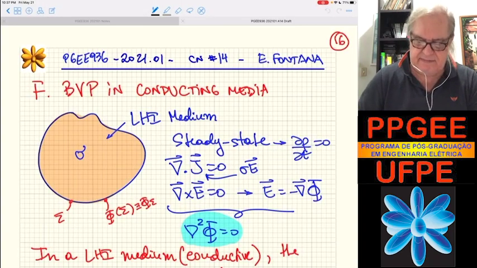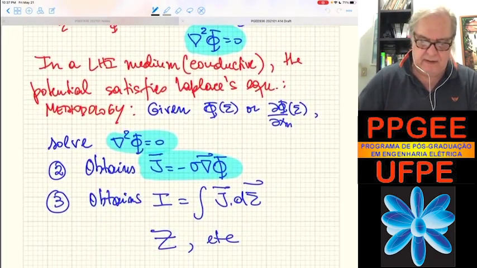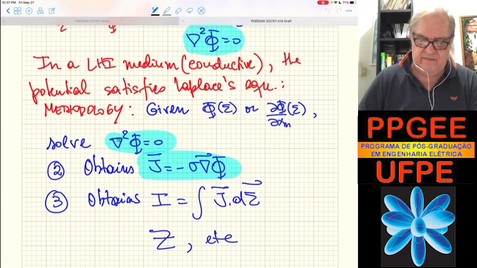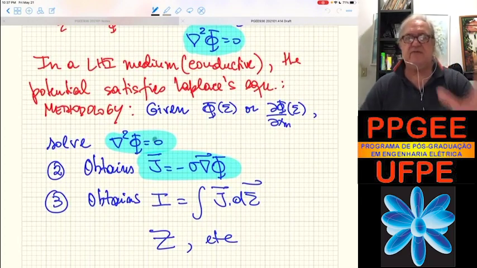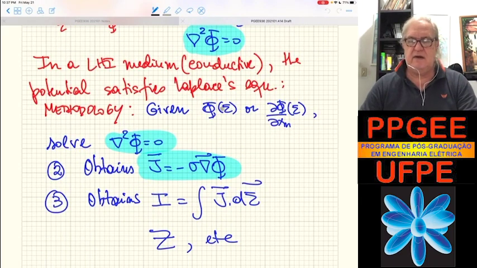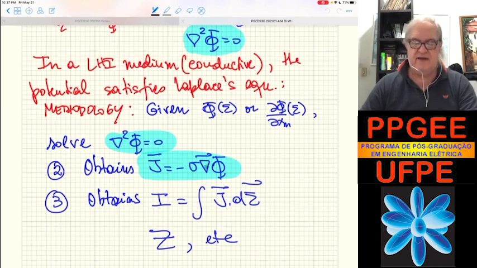So the step-by-step is like this. We solve Laplace's equation for the potential for the given boundary condition, either Neumann or Dirichlet boundary value problem, right? Then we obtain the current density by this recipe here, minus sigma gradient of phi.